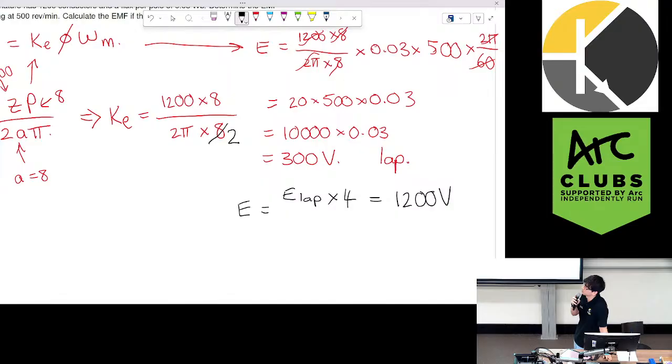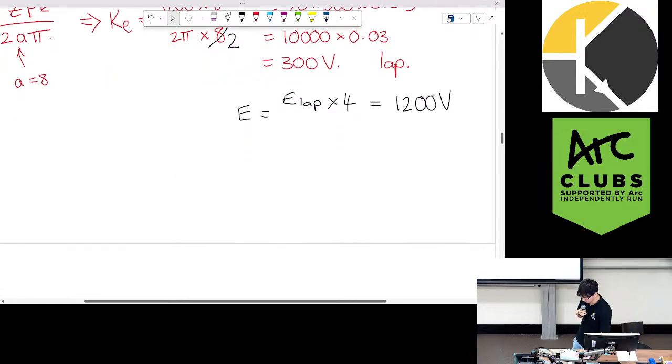This brings us to an important conclusion, which is that when you have wave wound, you can get a lot more voltage out of the same machine essentially by just connecting the coils in a different way. In practice, we prefer to use lap wound for high current, low voltage situations, and we prefer to use wave wound for high voltage, low current situations.